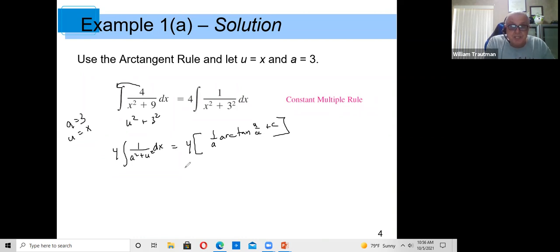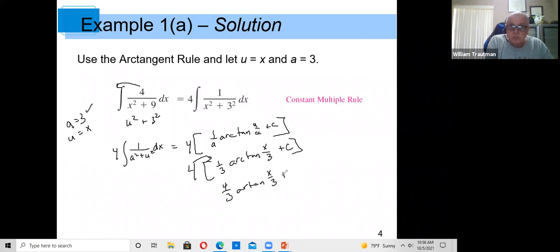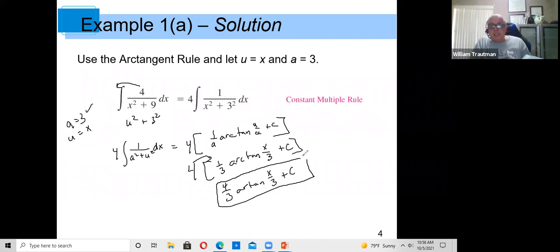So you just plug it in, and a is 3. Arctangent u is x, a is 3. And then we're done. I'm just going to distribute the 4 back in there. And I'm always writing sideways. I don't know why. And that's what we get. So like I said, the first one was easy.